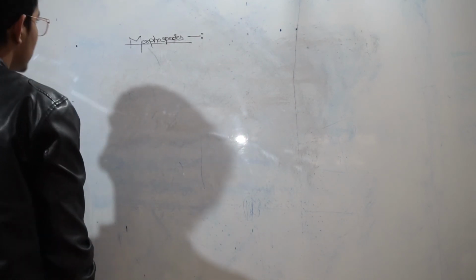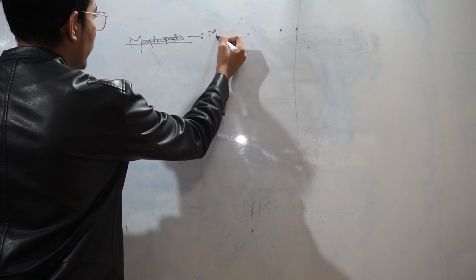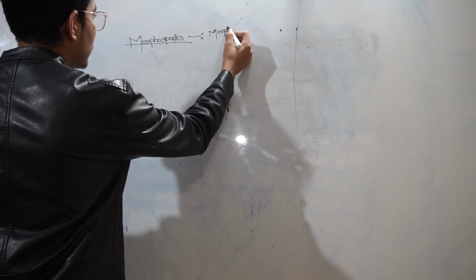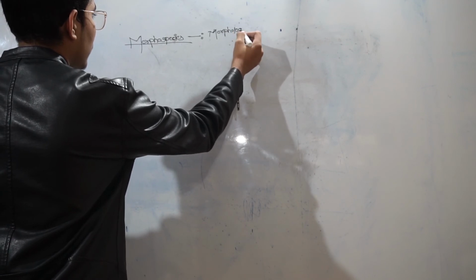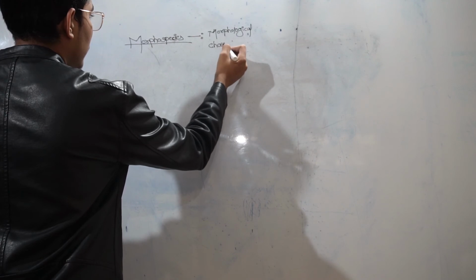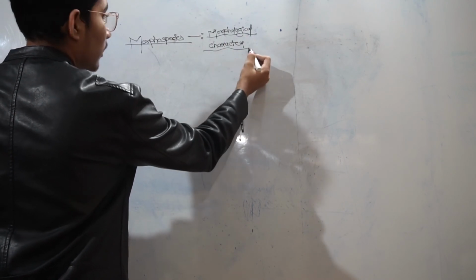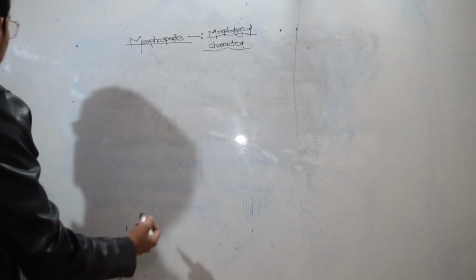Morphospecies are those species which were erected on the basis of their morphological characters.